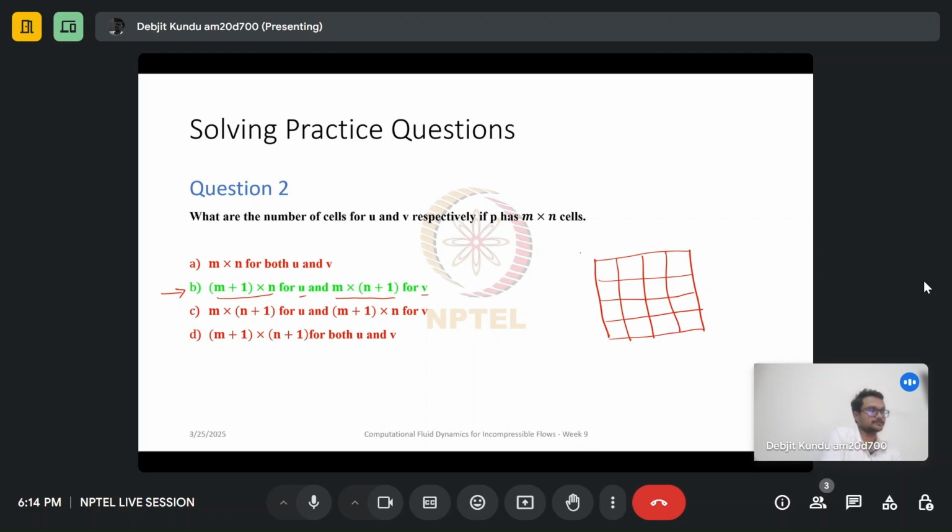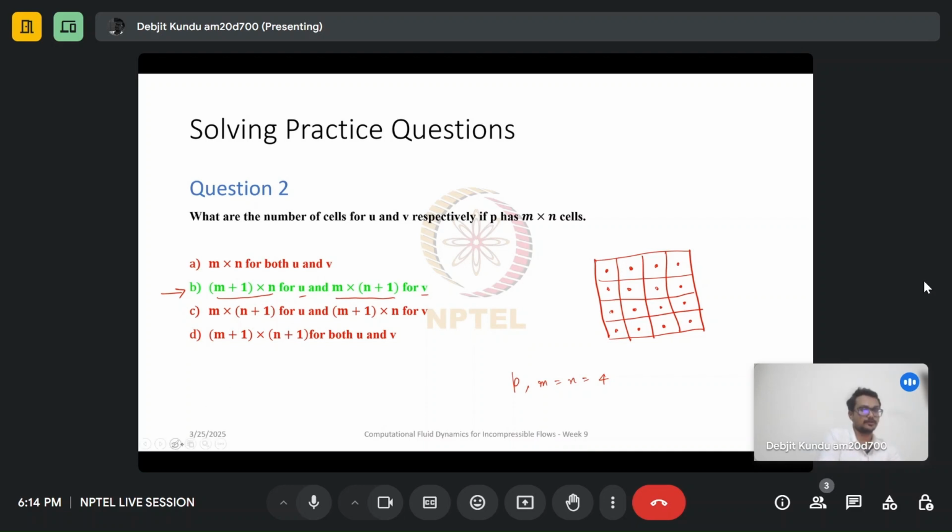Right. So let's use red dots to denote p. So we have 1, 2, 3, 4 cross 4, total 16 values where p is stored. So m equals n equals 4 for pressure, right?